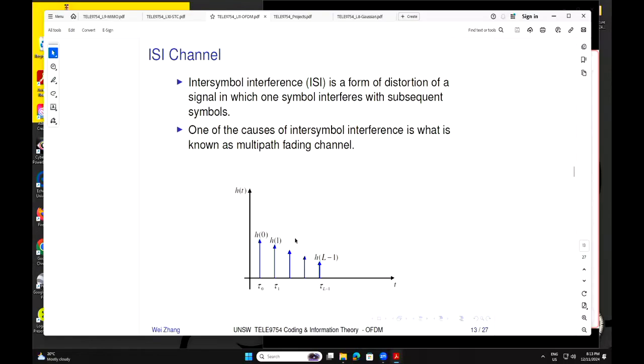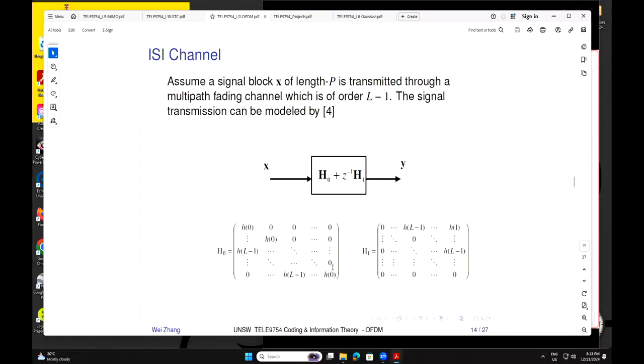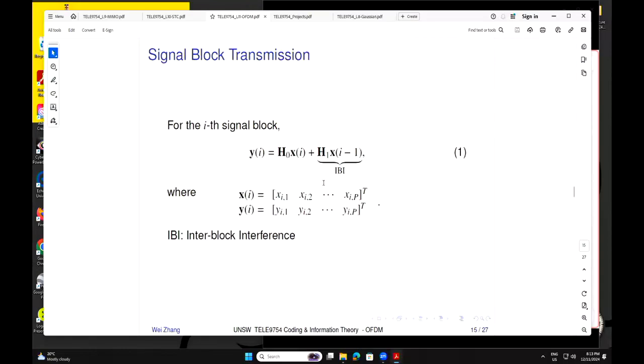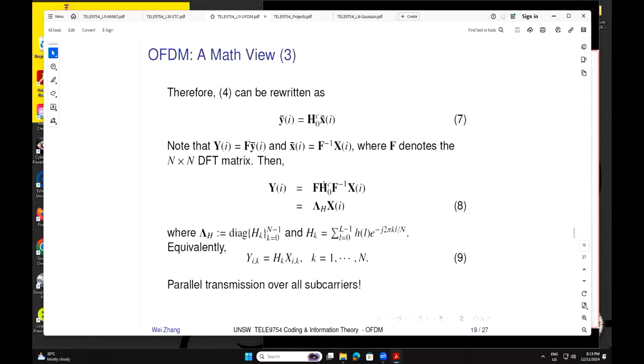This one shows you why we have multipath fading, because the signal was sent out and reflected. In the time domain, it looks like we have the direct path, the reflected path, or multipath. And this intersymbol interference is called the ISI channel. Here I want to skip the details, because this would take at least 1 hour. So I don't want to bother talking about this transmission model, the math view.